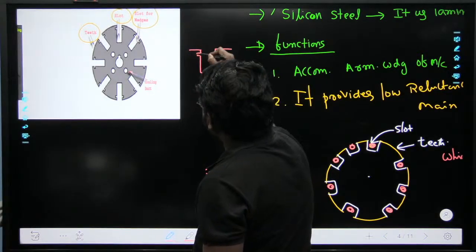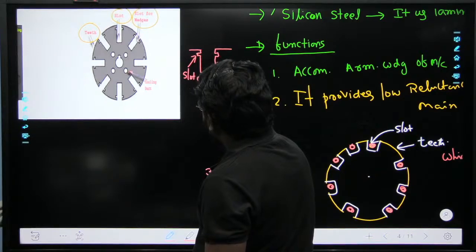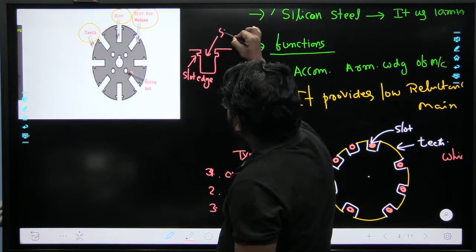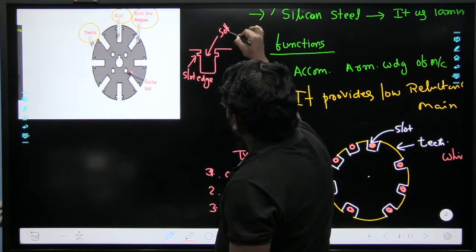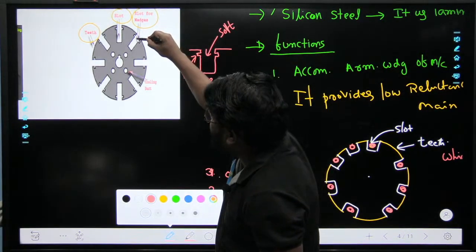This is called the slot edge. Slot edge. It is a slot, and this part you can say is the slot edge.